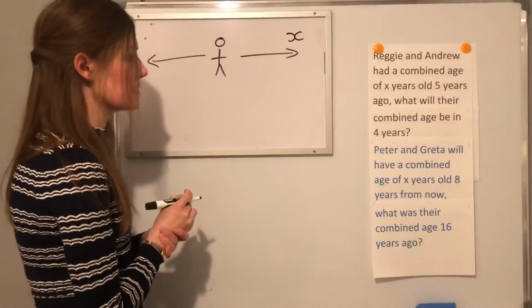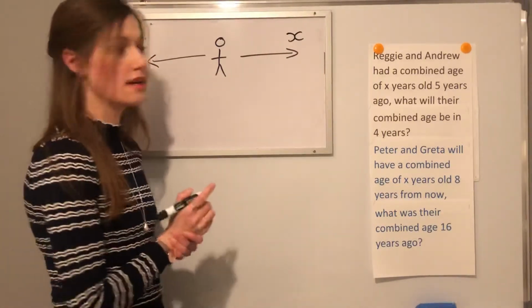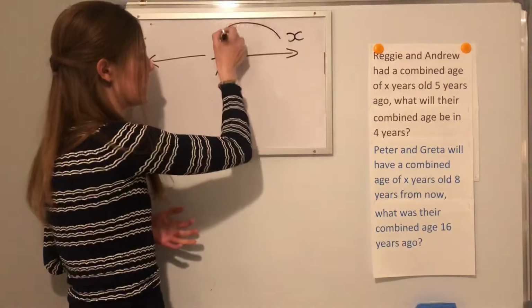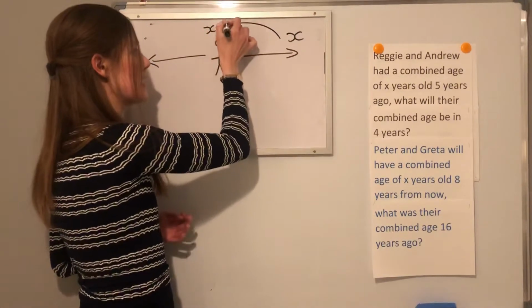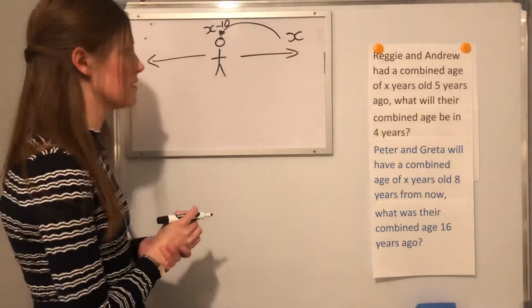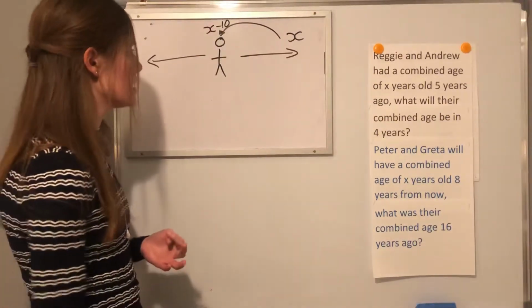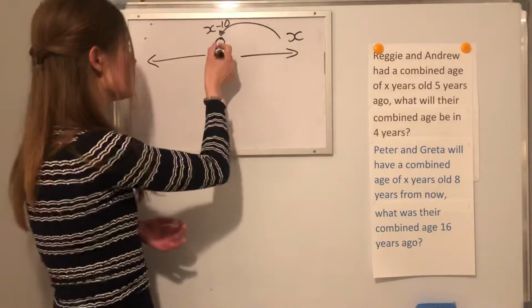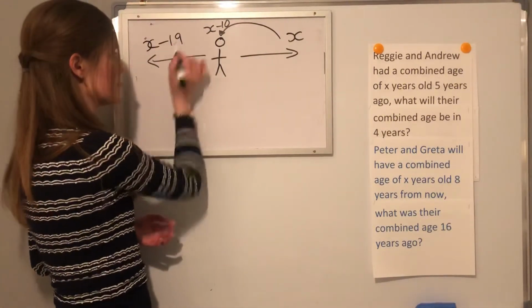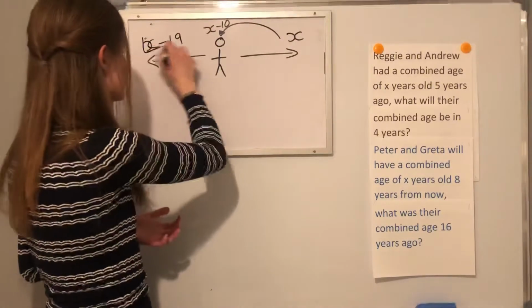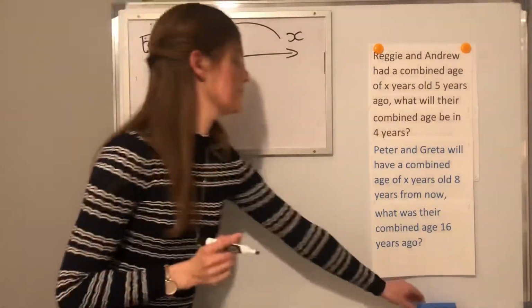She will be X years old in 10 years' time. So to get back to Alice now, we've got to take away 10 years. X, take away 10. How old was she 9 years ago? We take off another 9, X minus 19, and that goes in the answer box.